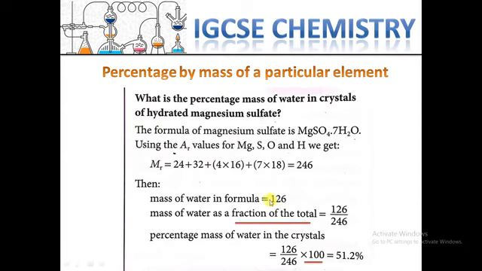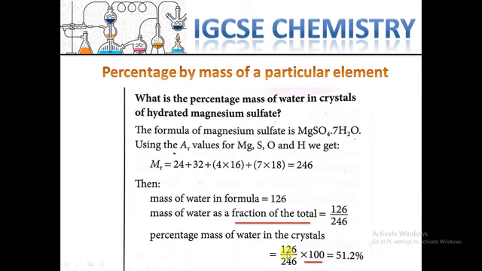Only water is 126 because there are 7 water molecules. It's 126, which is 7 multiplied by the mass of water. Then we divide the water by the total number like this.